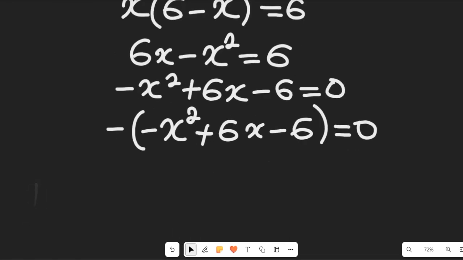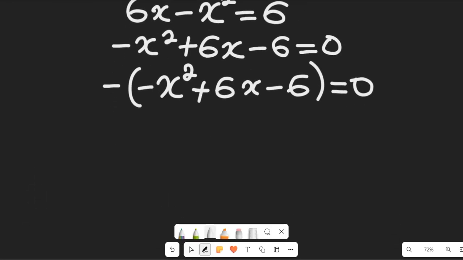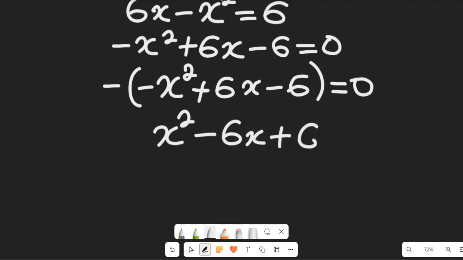So if we multiply all through by a negative sign, this will become x squared, minus times plus will give us minus 6x, and minus times minus gives us plus 6, and this will be equal to 0.